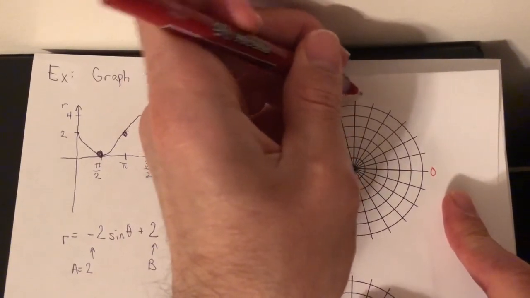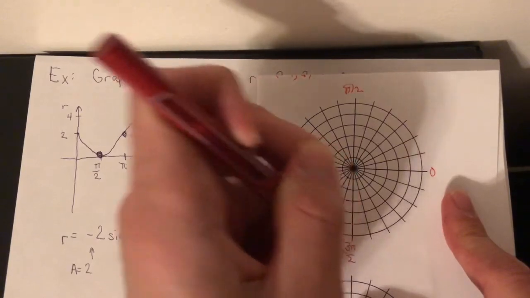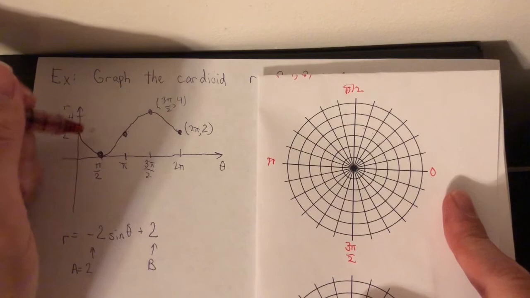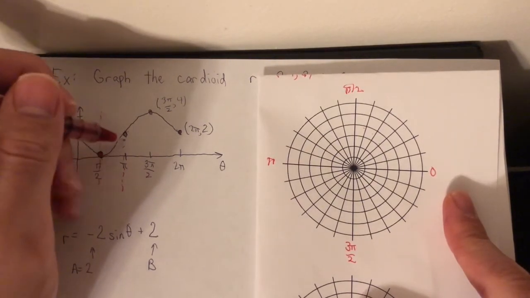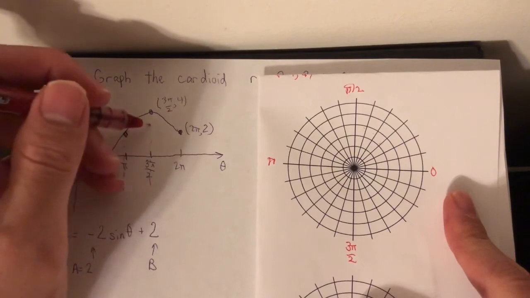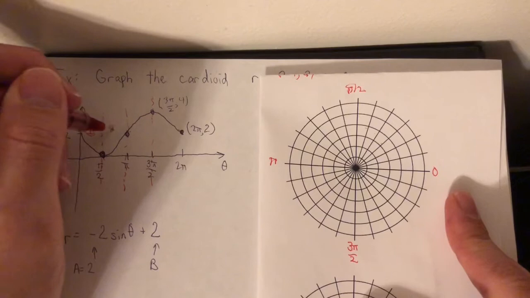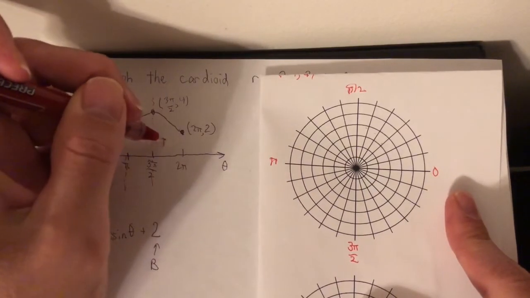This is pi over 2. Pi and 3 pi over 2. And I'm going to divide this into 4 sections, again, so we can see the 4 quadrants clearly. So quadrant 1, quadrant 2, quadrant 3, and quadrant 4.